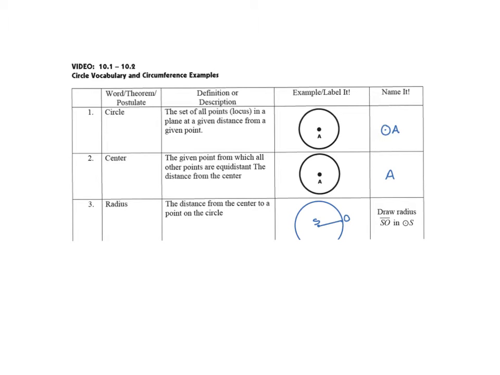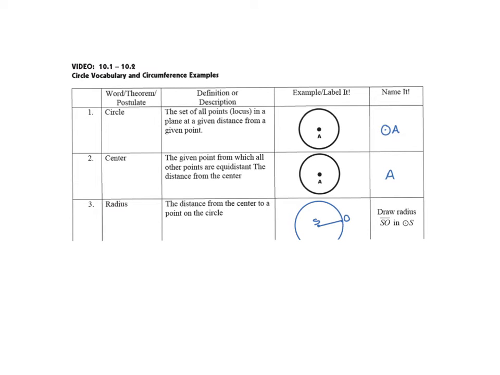But what you need to be able to do is, if I say circle to you, then can you, without looking at any of this, give me the definition and the description? Can you write the example, and can you tell me how to name it? Okay, you want to be able to do that for all the components here.